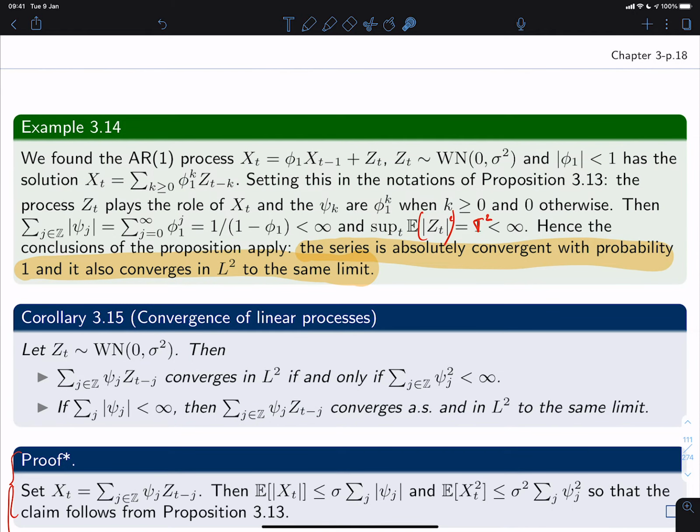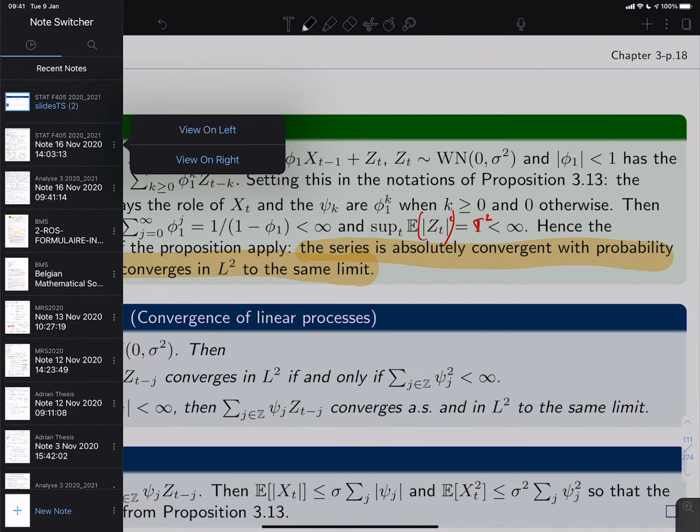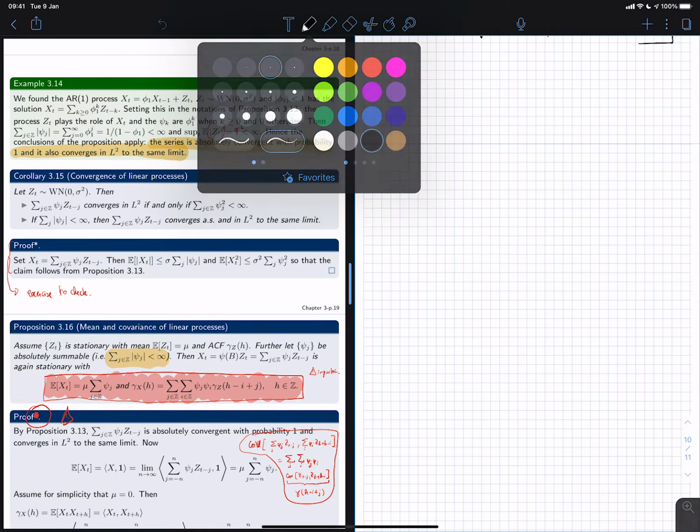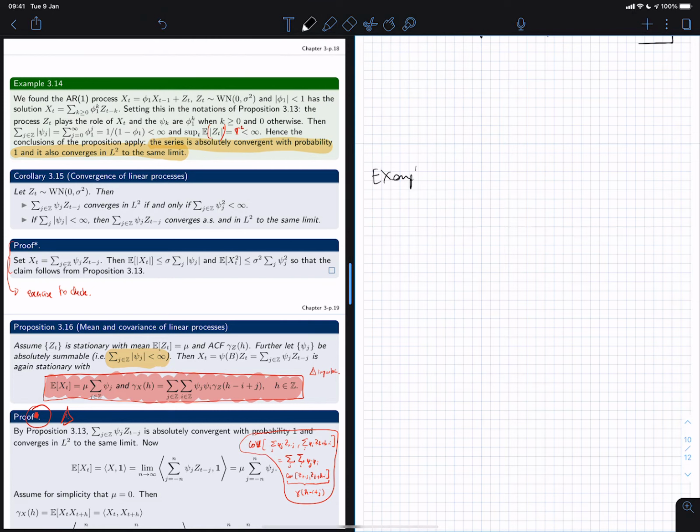So what does it mean in practice? Well, for the AR(1) process, we can go back over what we said and say it more efficiently. In example 3.14, we have just seen that the solution to our equation was this.